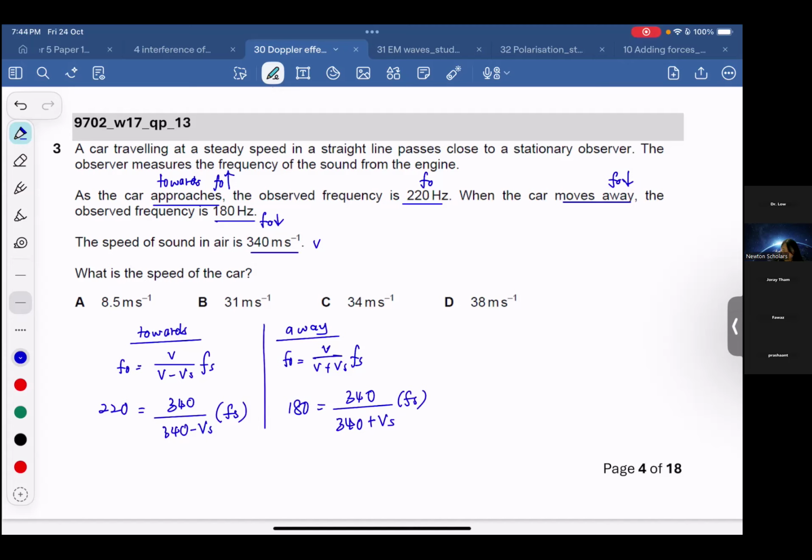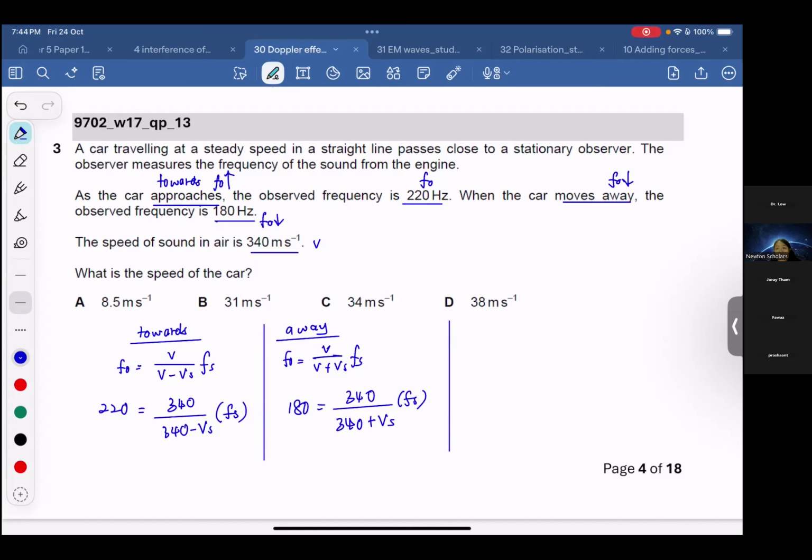You have to solve two cases, towards and away. Then you use mathematics to do some simultaneous equations to find out what is your Vs. I can give hints until right now. The rest you try using your mathematical way.